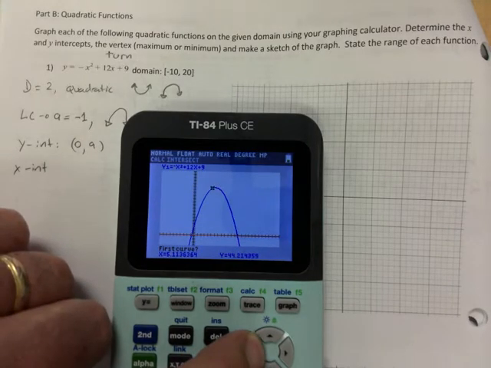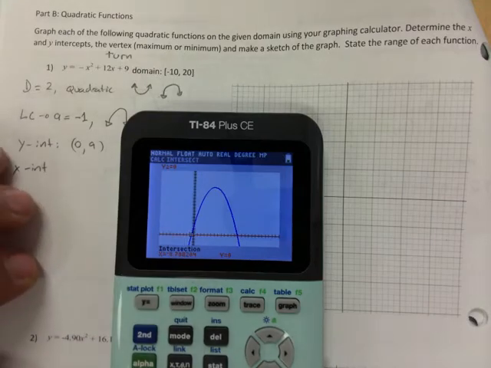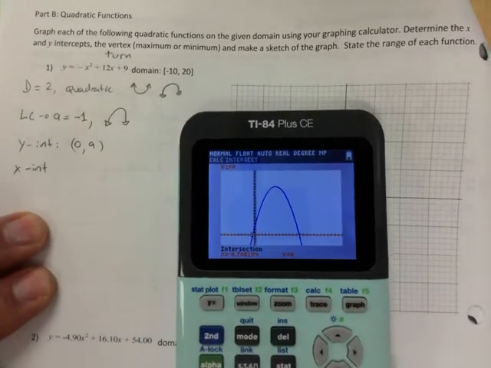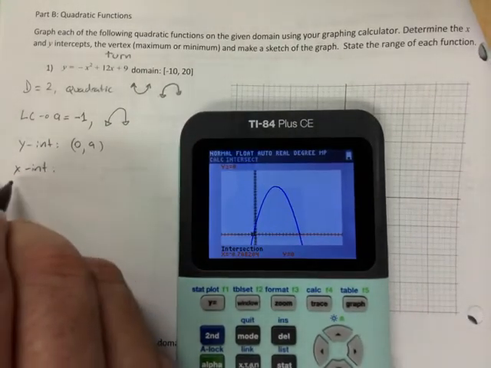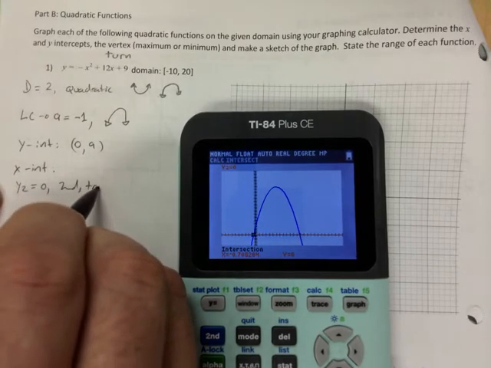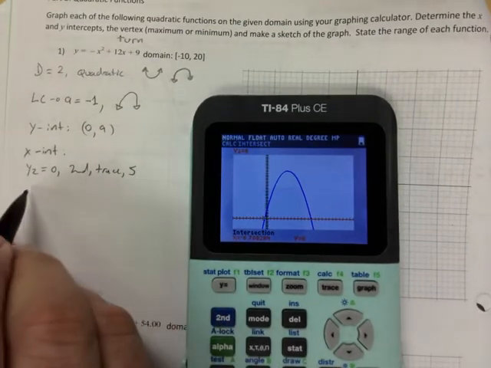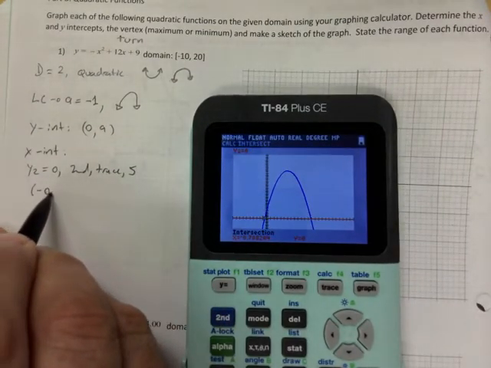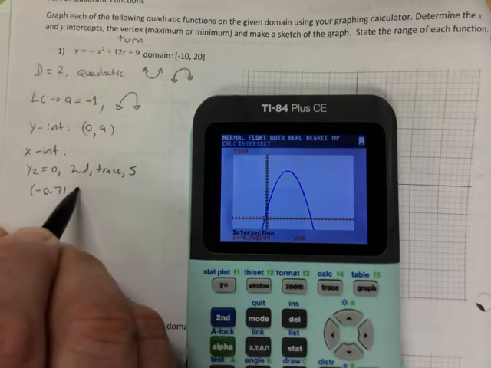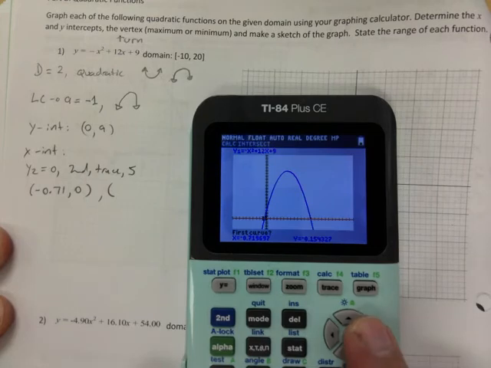I'm going to find this one first. So you go a bit closer to it, enter, enter, enter 3 times after calling intersect, right? So we're going to save what we're doing. Y2 is equal to 0, second trace 5, or intersect. And there it is, negative 0.71, 0. And the other one, second trace 5 for intersect, sorry.